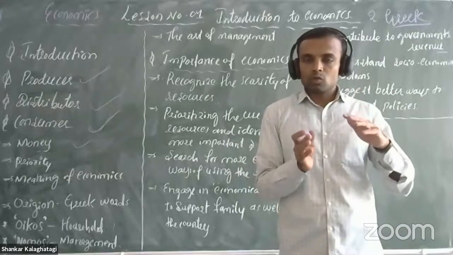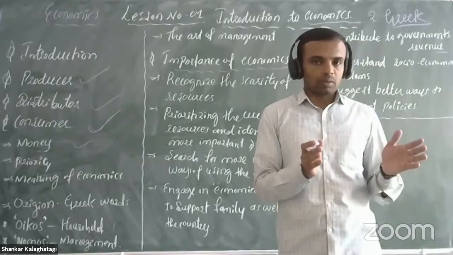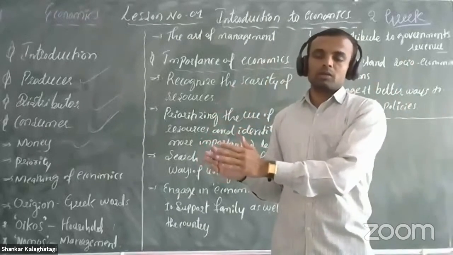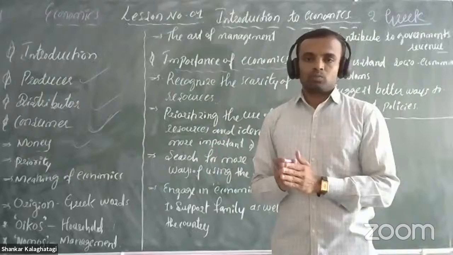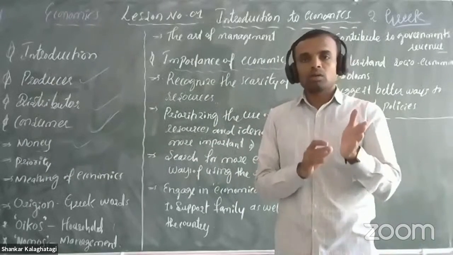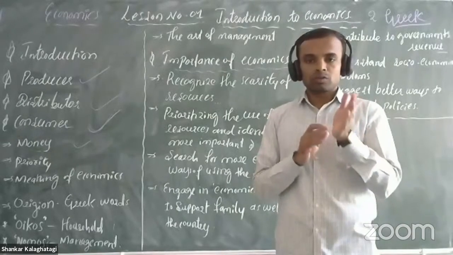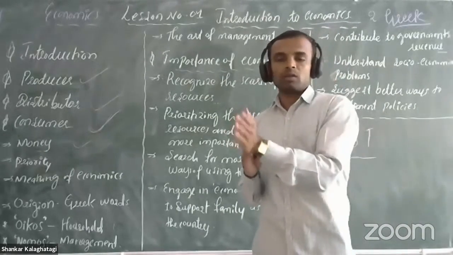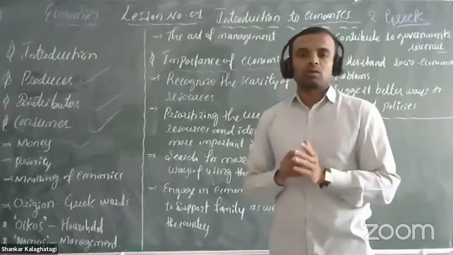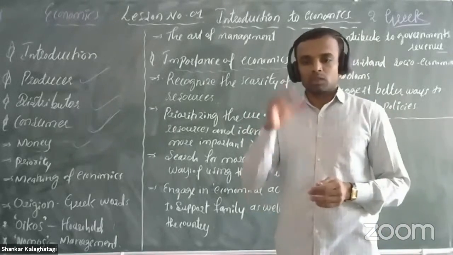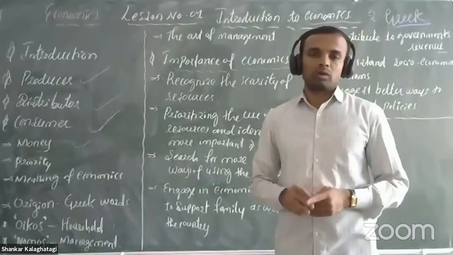The person who purchases goods from the manufacturer and distributes them to the consumer is called a distributor. Those who provide goods and services to the consumer are distributors. And the person who consumes those goods is called a consumer.